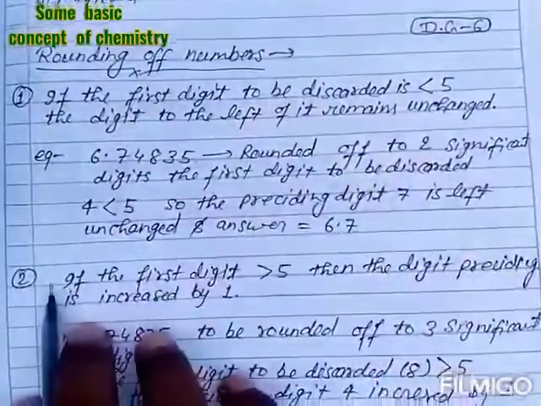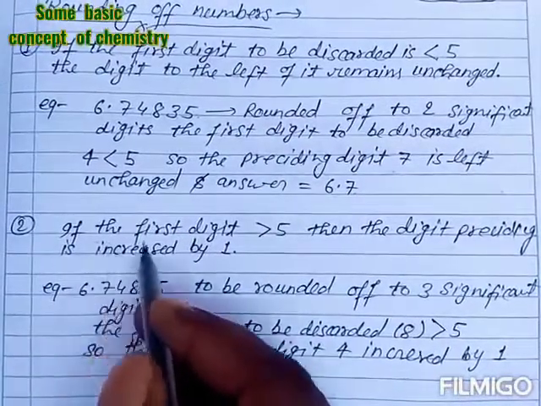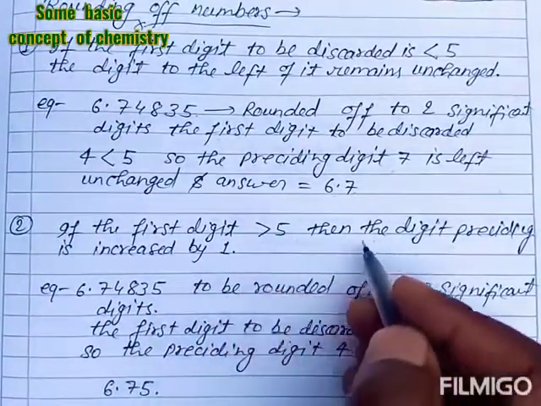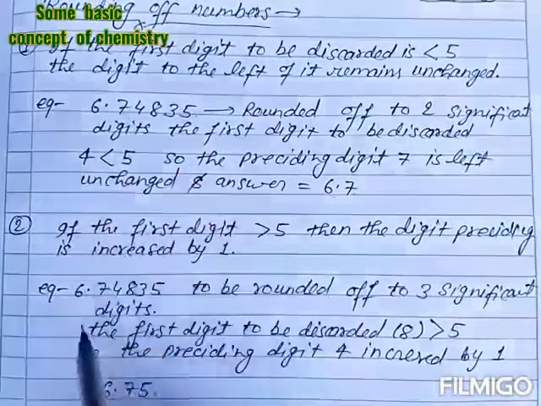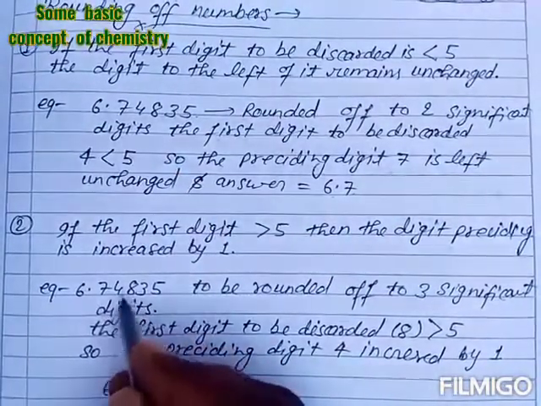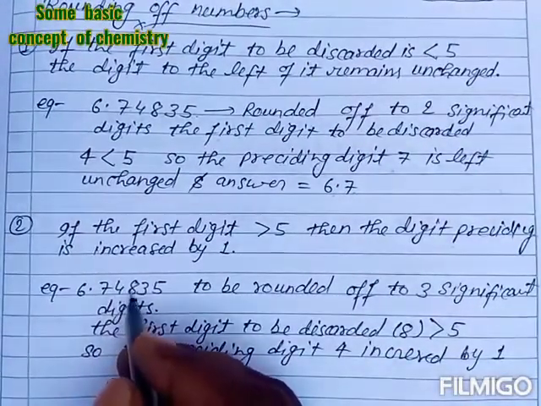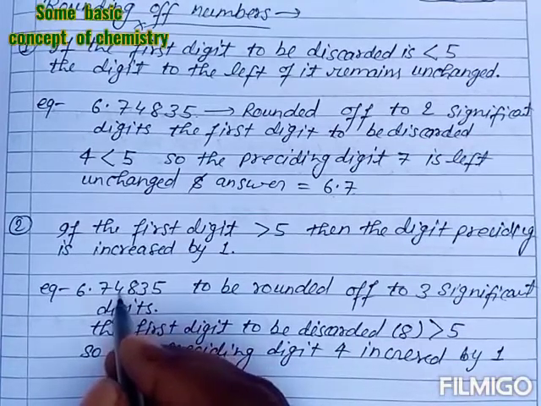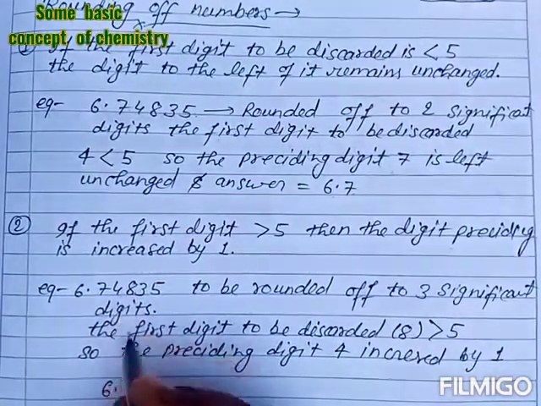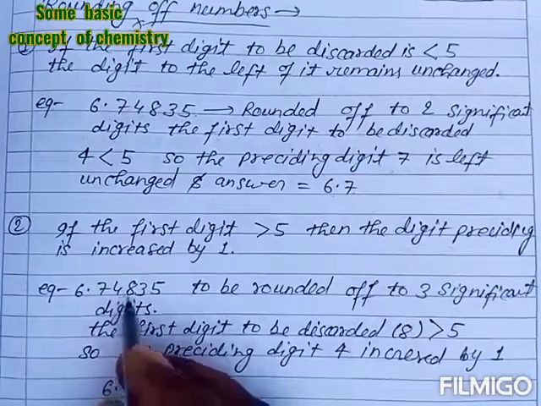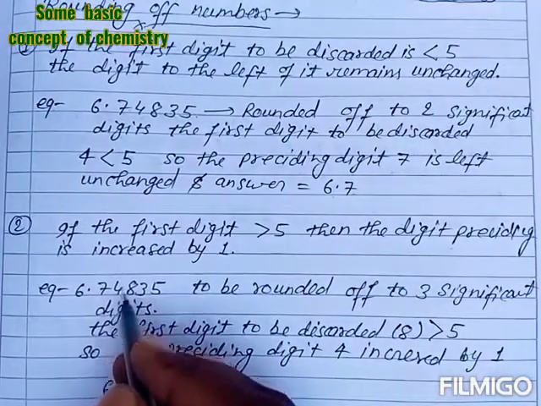Now let us take another example so you will easily understand. If the first digit to be discarded is greater than 5, then the preceding digit is increased by 1. Same example, 6.74835. If we round off to three significant digits, then 8 is more than 5, so the preceding digit 4 will increase by 1 to 5.